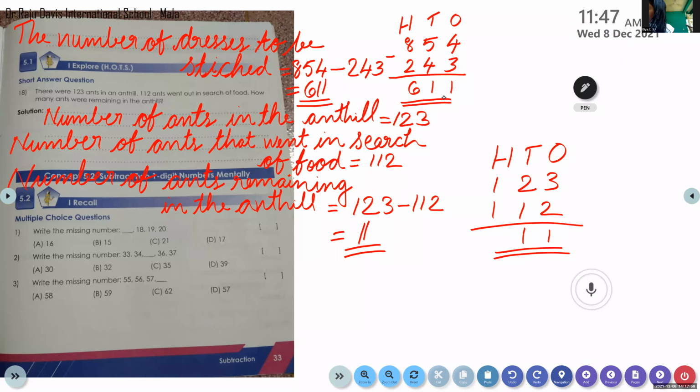The balance questions are very simple to do. We will continue it in the next class.